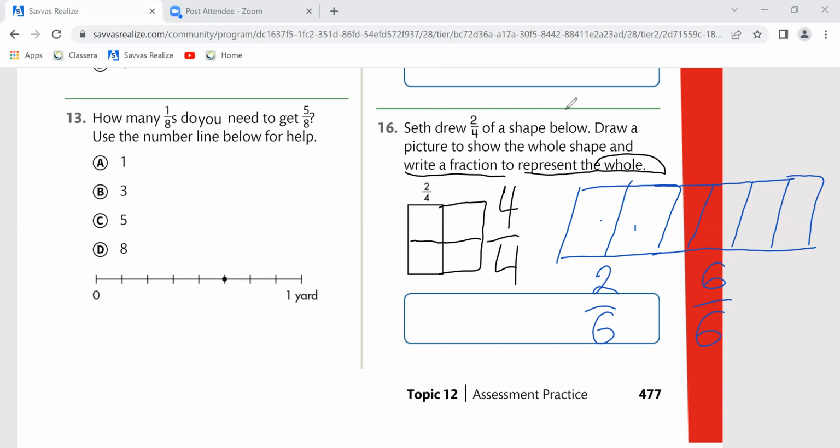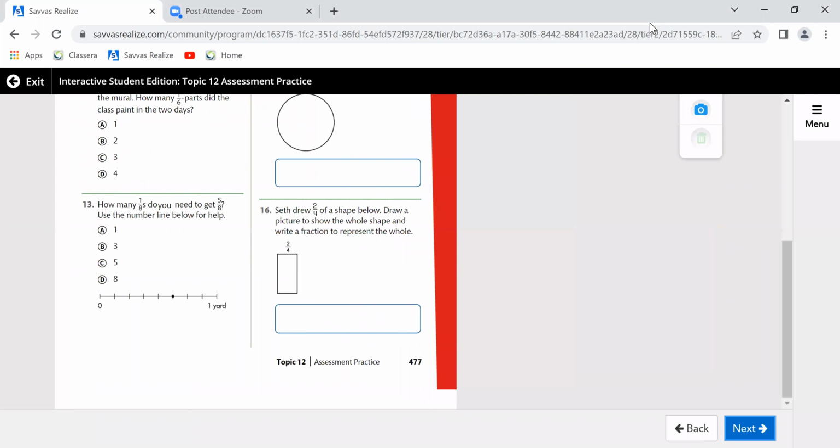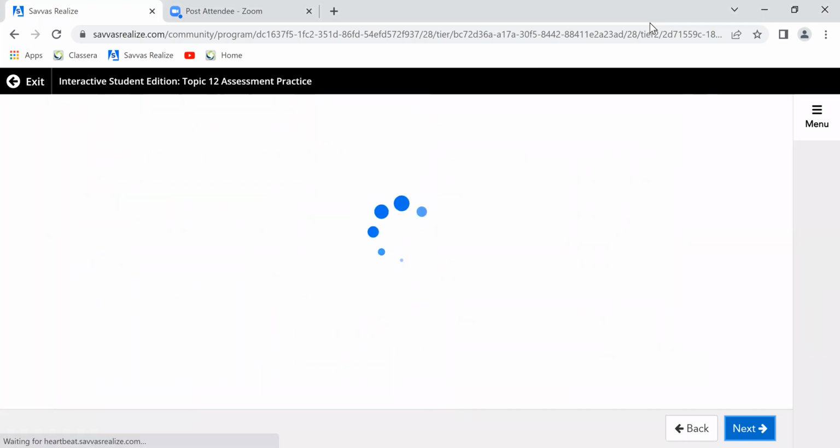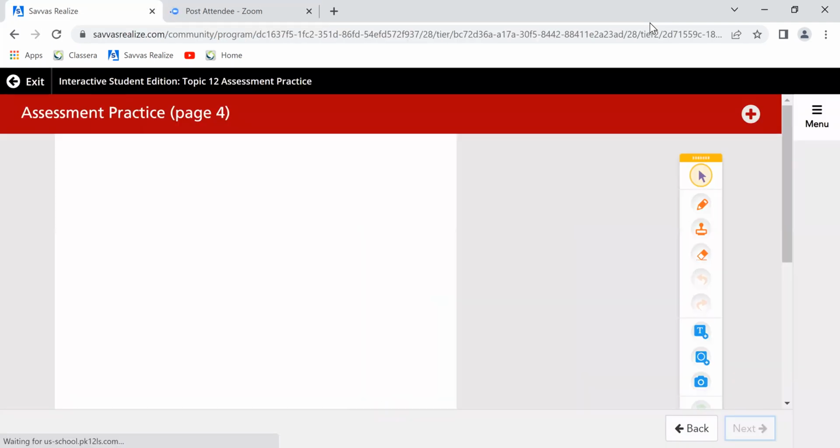I'm gonna give it. Okay, so the last page, the last page, very fast, number 17.